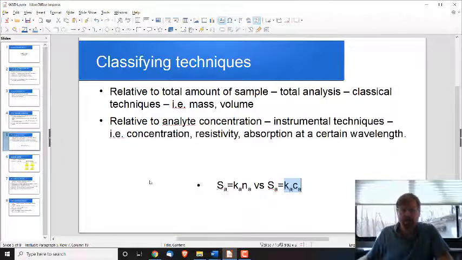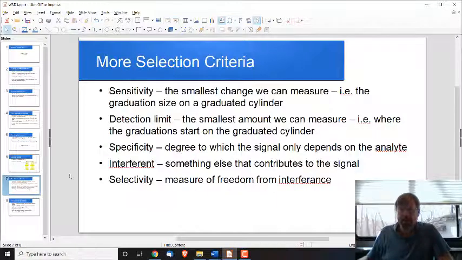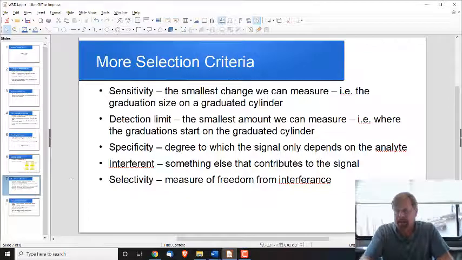There could be multiple things it could also depend on. So the extent to which it depends only on our analyte is how specific the test is.